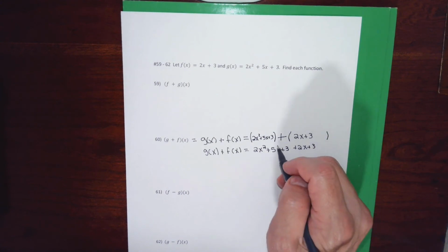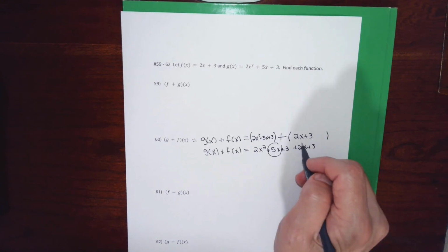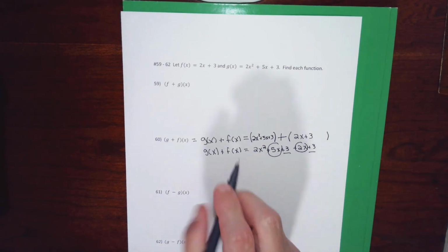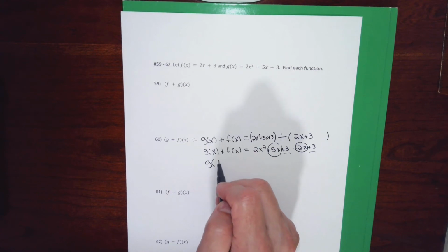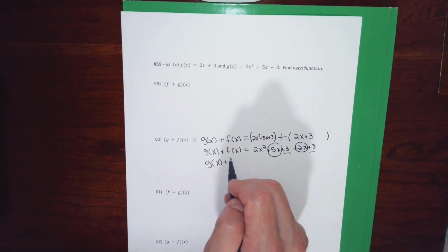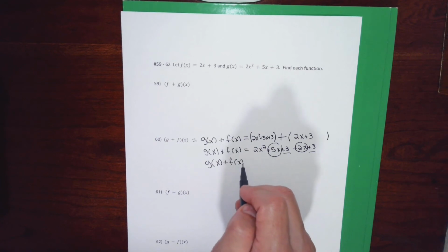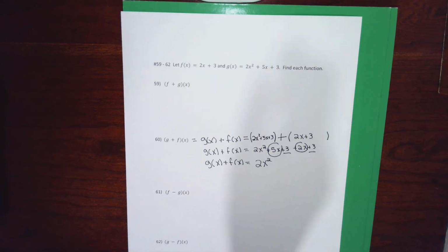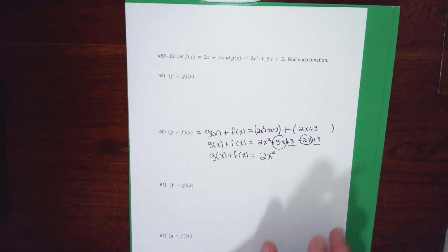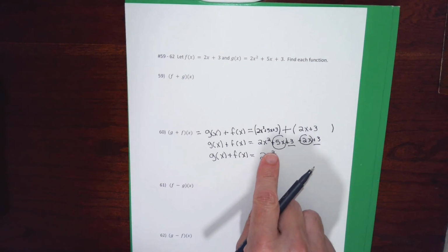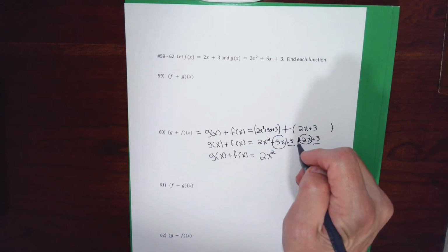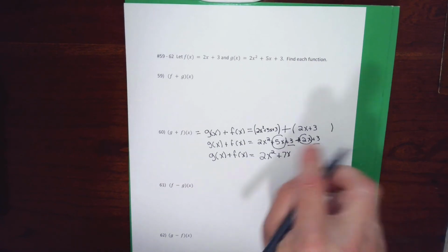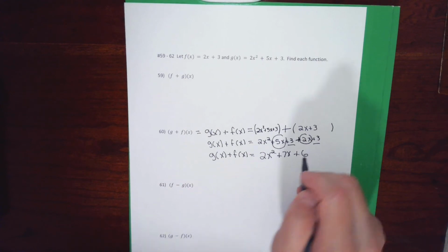Then I'm going to combine like terms. The like terms are the 5x and the 2x, and the 3 and the 3. The 2x squared, that's the leading term. It has the highest exponent, but it doesn't have a term to add or subtract to it. So it's going to be part of my answer. It's actually going to be the first term I write in my answer, but I'm not going to change it. And then the 5x plus 2x gives me a plus 7x, and the plus 3 and the plus 3 gives me a plus 6.